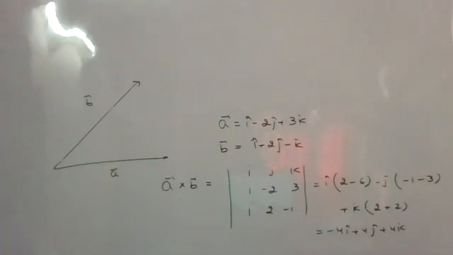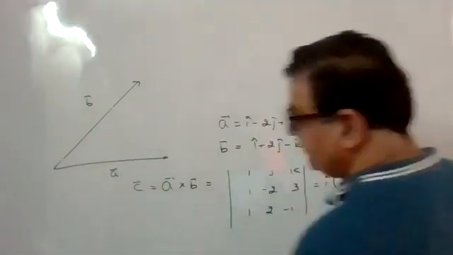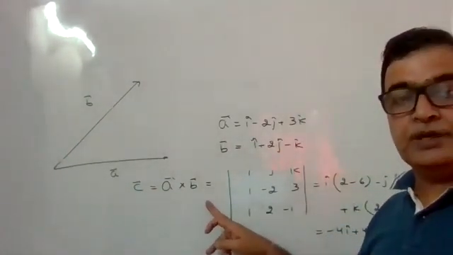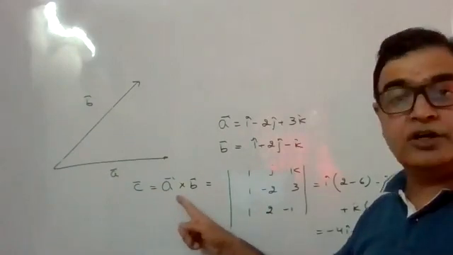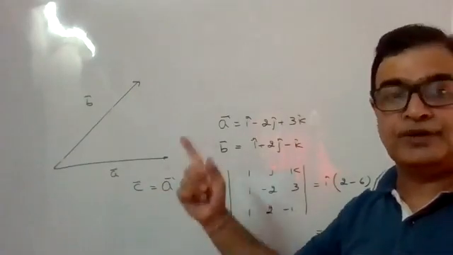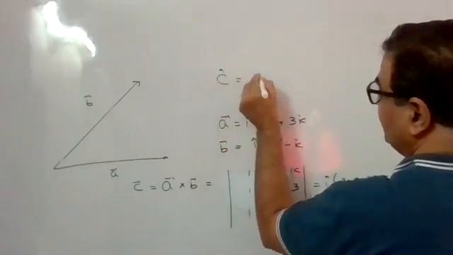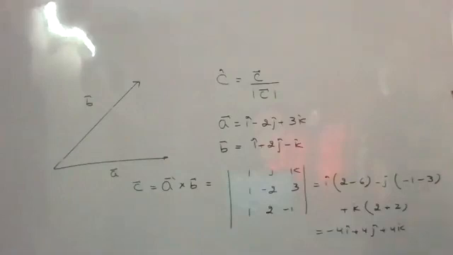And we want a unit vector perpendicular to this. C vector is perpendicular to A and B. Now they are asking for a unit vector which is perpendicular to A and B. So we have to find the unit vector of this vector. The unit vector formula you have already done: vector divided by its magnitude.